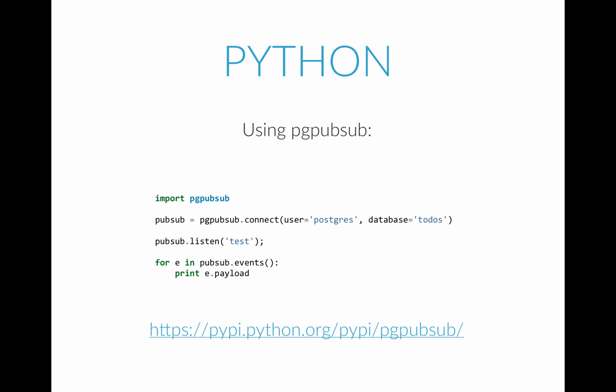So everything to do with setting up autocommit and the timeouts and yielding out events into a nice iterator can be handled by this pg pub/sub package that you can just pip install, import, and use like this. And if you go to that URL on PyPI at the bottom of this screen, you can see a README about how you can do a little more advanced stuff like listening to multiple channels, how you publish notifications with it, and so on.